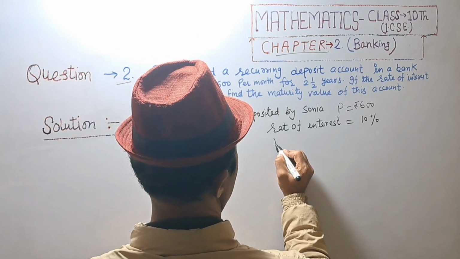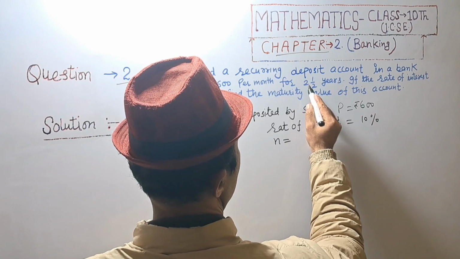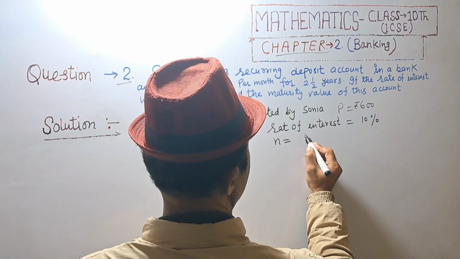The time period N is equal to 2.5 years.